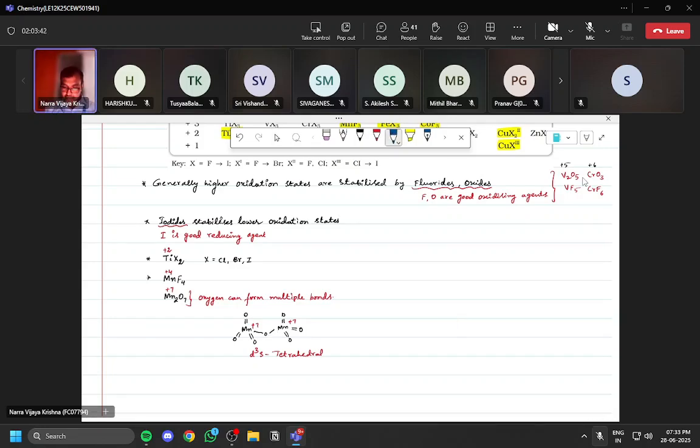One more point. Fluorides are generally stabilized by, see this.